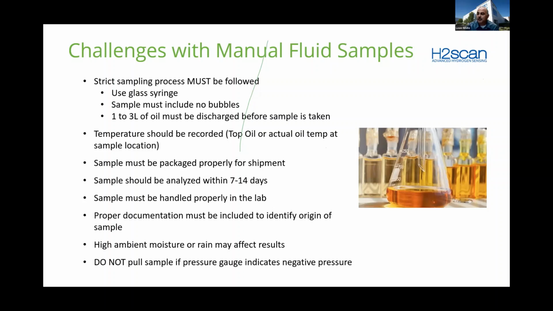The temperature should be recorded, from the top oil temperature gauge if there is one, or sometimes the folks taking the sample can measure the oil temperature directly, which would be the best indication. Gases move in and out of oil based on temperature, so it's very important to understand exactly what the temperature of the transformer was when the sample was taken.